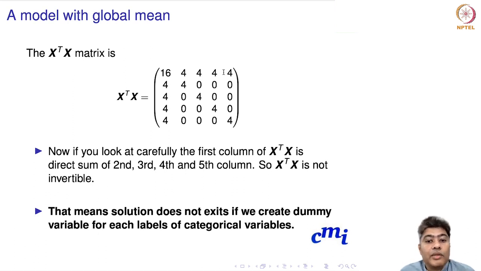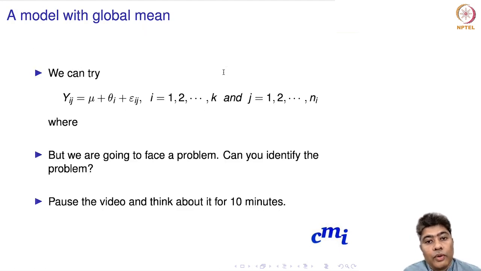I hope you understand the problem. Let me repeat. Let me go back to the model. In this model, we effectively have only one predictor. The predictor is treatment, and there are 4 possible labels of the treatment: toxin 1, toxin 2, toxin 3 and control.